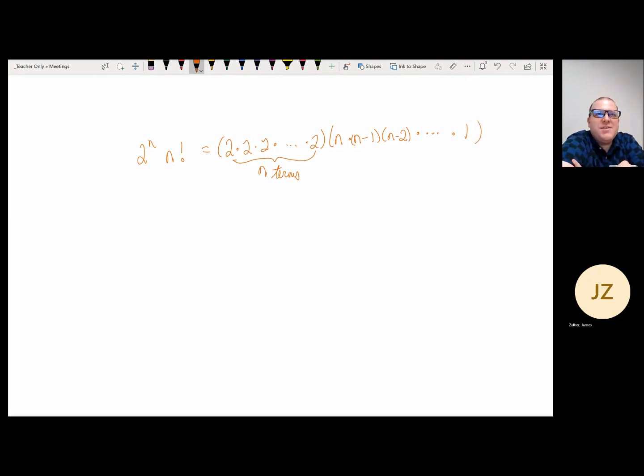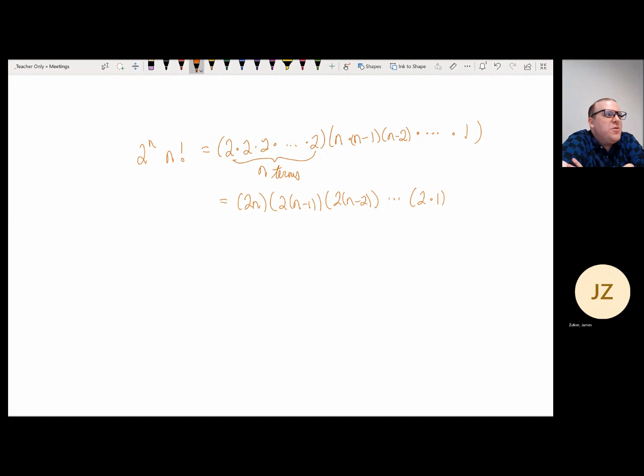And then factorial is just n times n minus 1 times n minus 2, and so on and so forth. Can't you just group it that way?